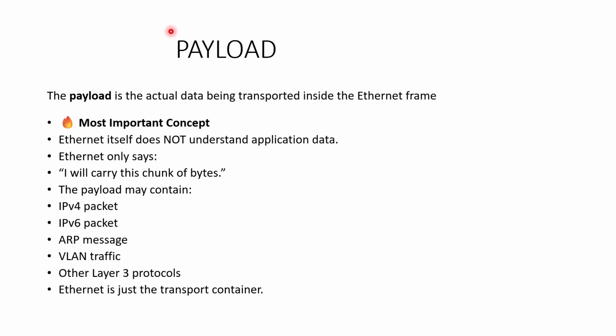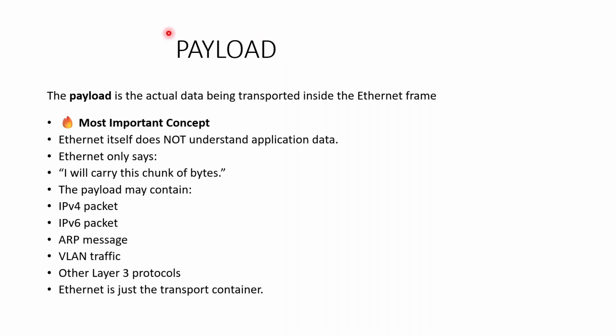So without having any payload in the Ethernet frame, the Ethernet would not be able to transmit any application data, because Ethernet by itself does not understand application data. So the payload is the actual data that is being transmitted inside the Ethernet frame.